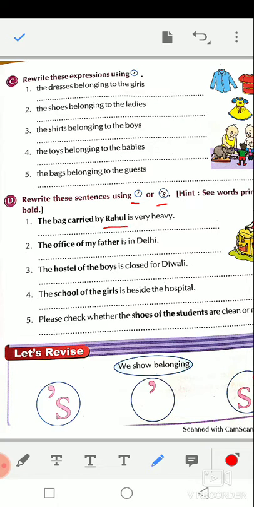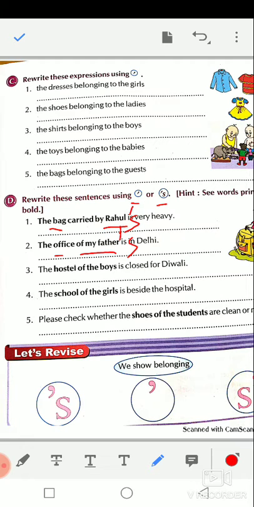This is singular, there is no S in Rahul, so we can say Rahul's bag, by putting apostrophe S. The office of my father is in Delhi, so we can say my father's office. We will put apostrophe S, then office.